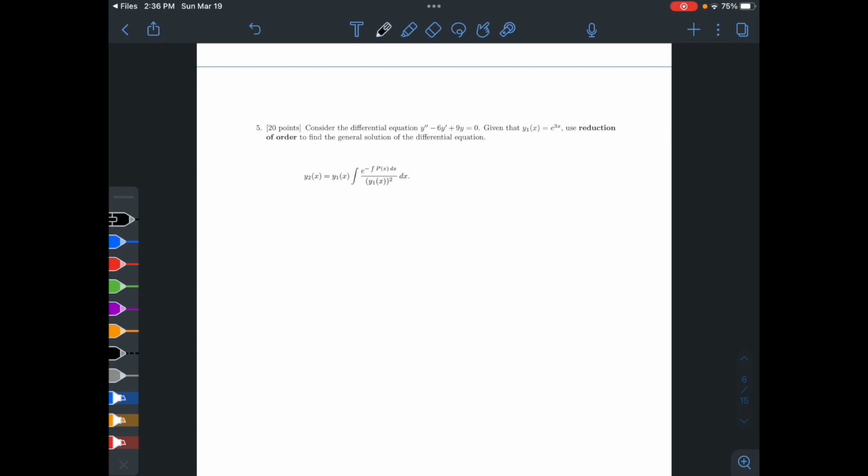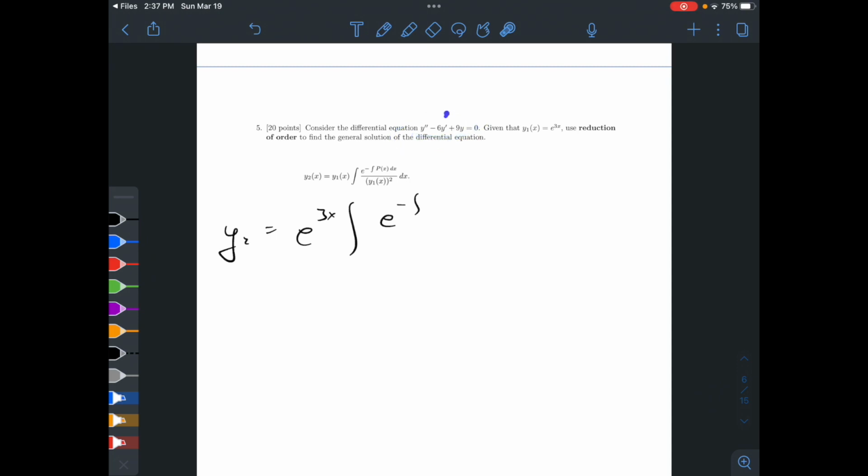All right, so anyway, let's just apply the formula, because once you know that you have to use reduction of order, all you have to really do is plug it into the formula, which is kind of why I don't like this problem that much. It's just throw it into a formula, right? So y1 is just e to the 3x, and then this is e to the negative, okay, and what's our p of x? P of x is negative 6 here.